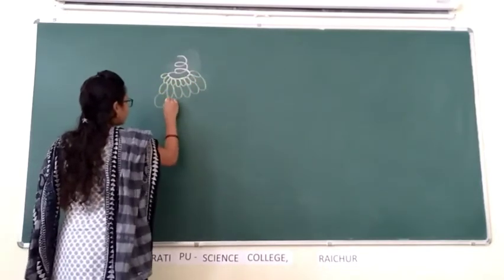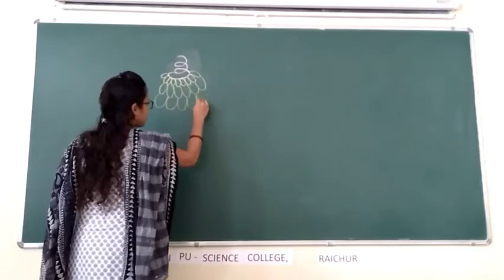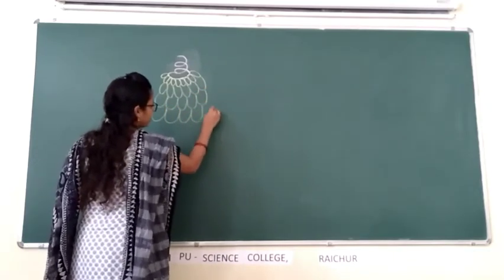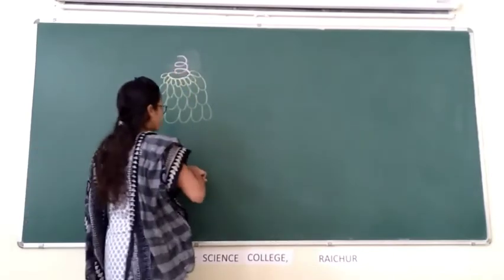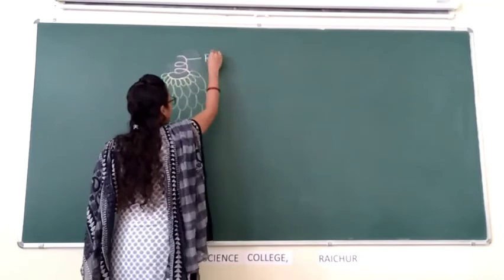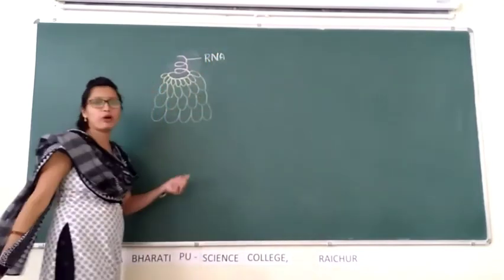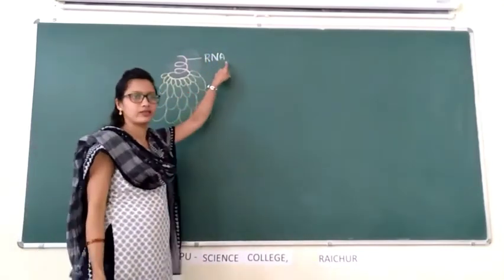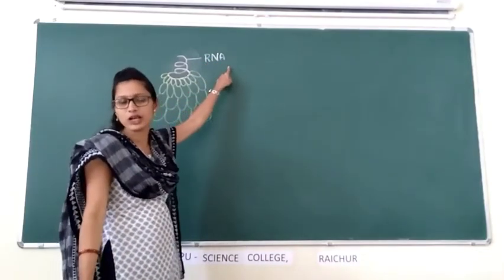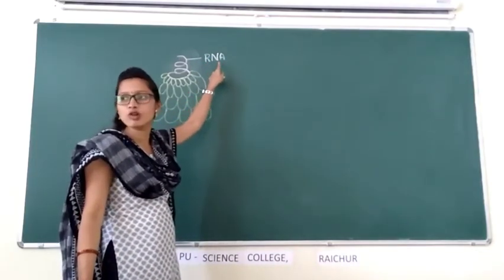Tobacco mosaic virus contains the genetic material RNA. See, this is the genetic material of tobacco mosaic virus, ribonucleic acid.